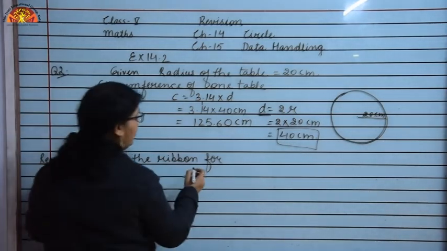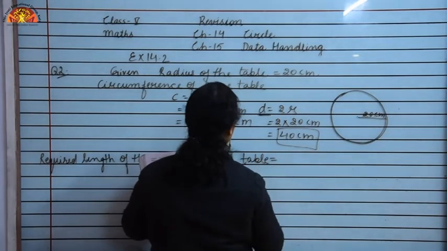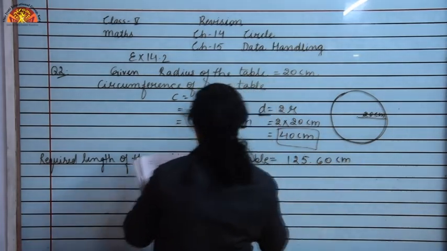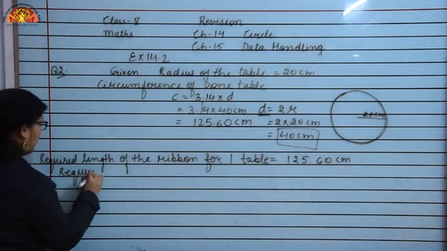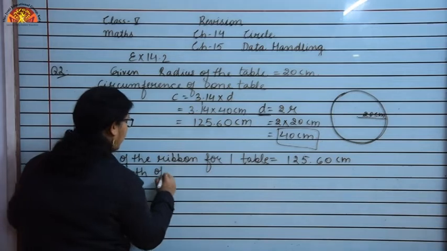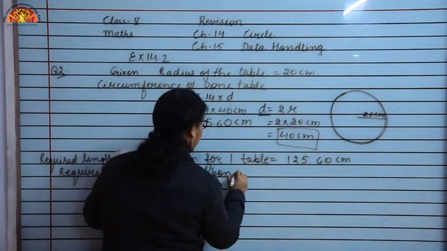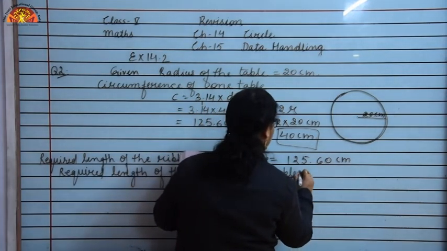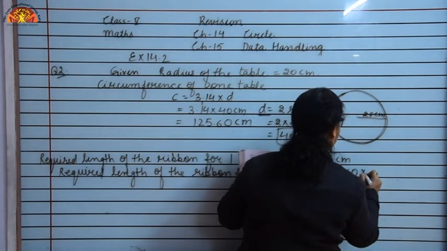Required length of the ribbon for one table is equal to 125.60 centimeter. Then you write required length of the ribbon for 7 tables is equal to 125.60 multiplied by 7.